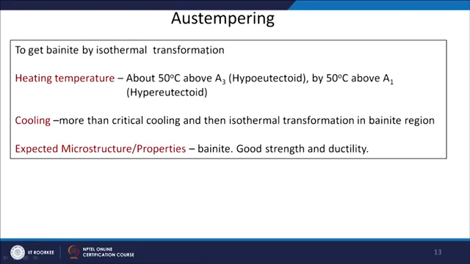There is another very interesting heat treatment called Aus tempering. What we do in this is get bainite by isothermal transformation. If you remember, I said that you cannot get bainite in normal continuous cooling.